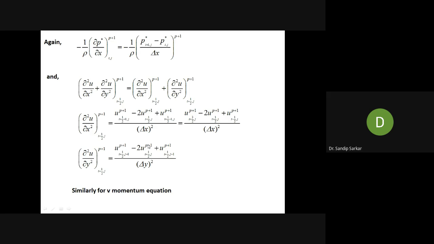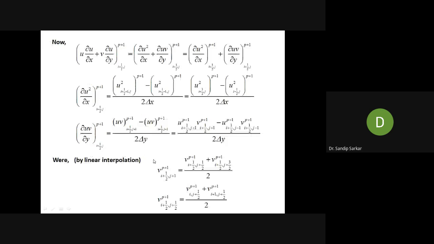Very interesting thing from the discretization at the staggered grid points: if you discretize the diffusion terms, the discretized equation arising out of it is available at all the grid points. That is, these grid point values are available. Whereas you need to apply linear interpolation for the convection term.